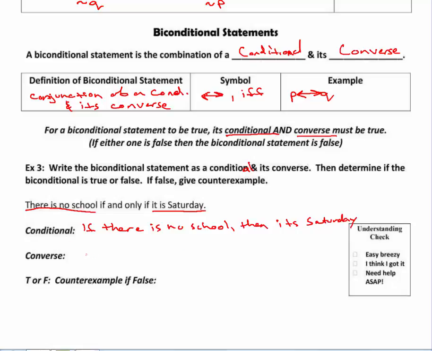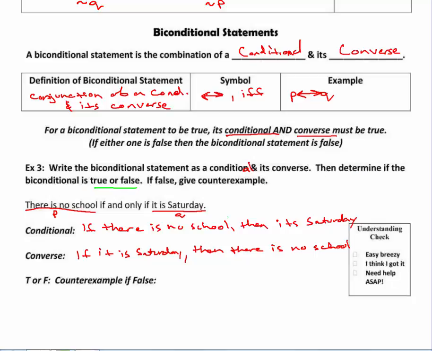And our original converse would be, remember, this is our P, this is our Q. And the converse is if Q, then P. So if it is Saturday, then there is no school.